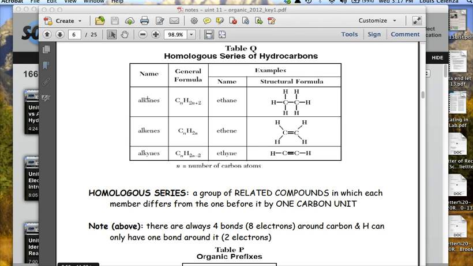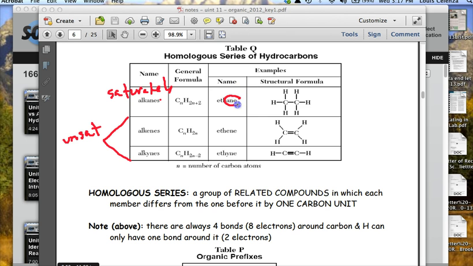A couple of things to remind you about is that alkanes are what we call saturated, and both of these are unsaturated, and I'll explain why that's going to be important later on. Also, notice how this is an example of an alkane.